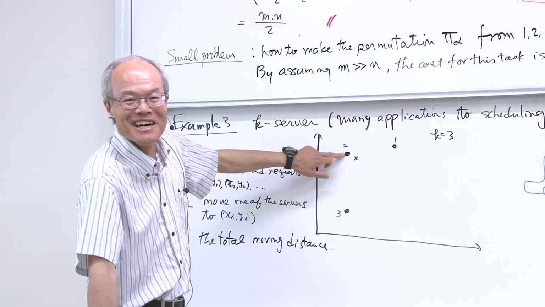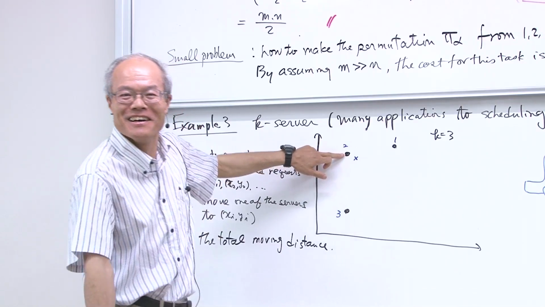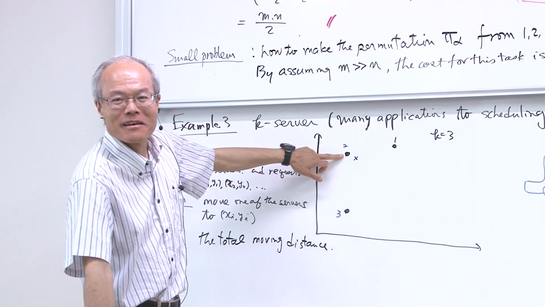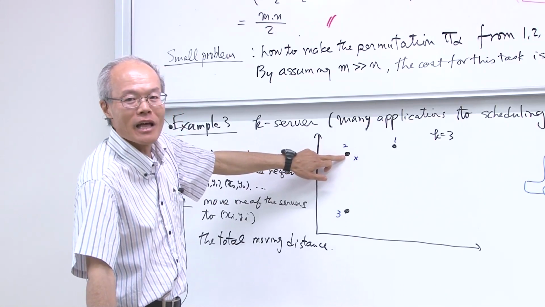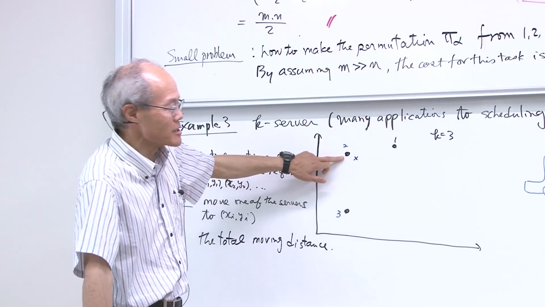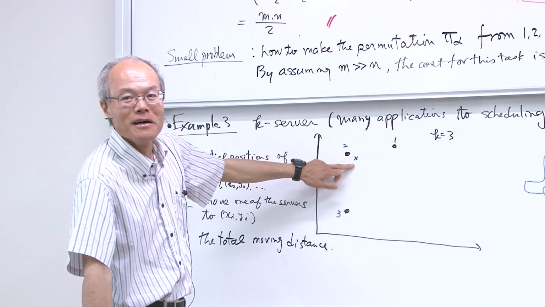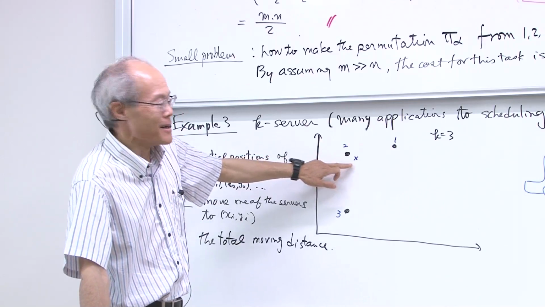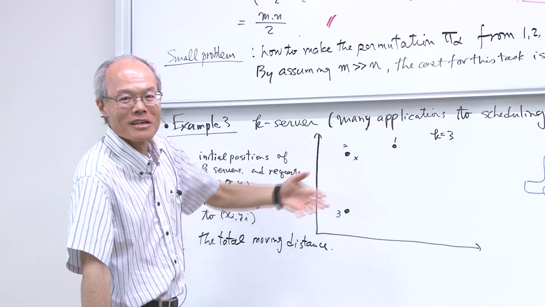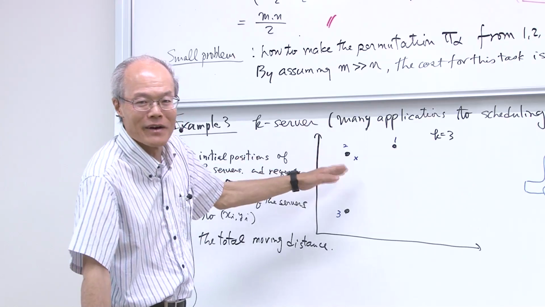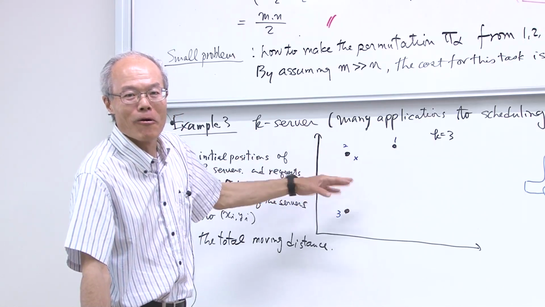Exactly, here. You know everything. Then again, the algorithm has to move this server to here. And what is the next request? Again here. So it has to move a server always.